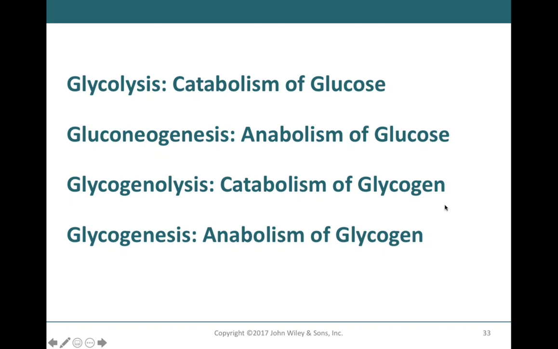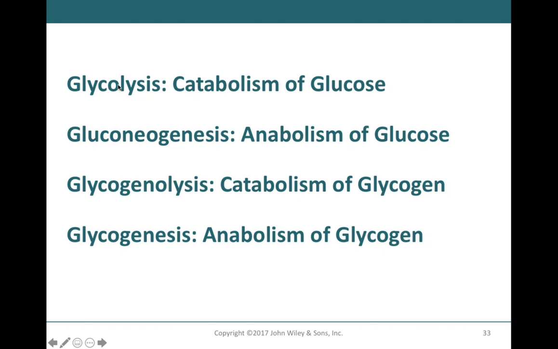So I'm going to give you some tips and tricks to remember these different reactions. First and foremost, any type of anabolic reaction will end in genesis. Anabolism refers to the formation of more complex molecules. So we're going to be using this suffix here, genesis. Any word that ends in genesis is referring to an anabolism. So you can see that these are the two reactions that are anabolic.